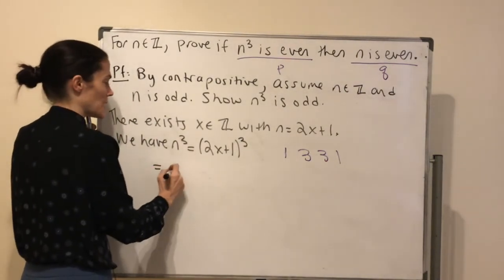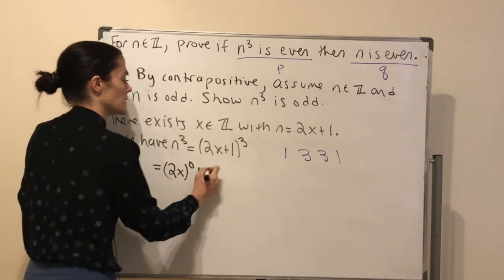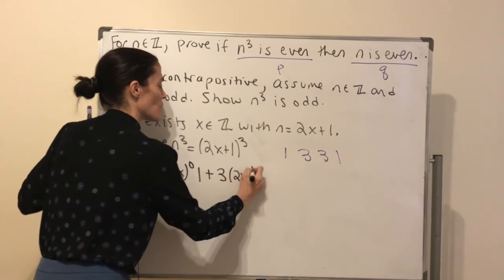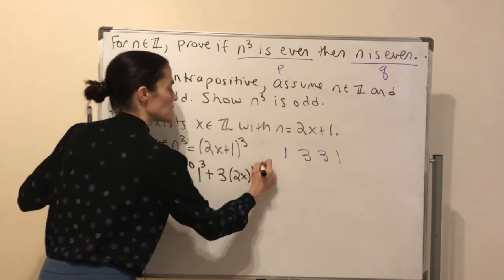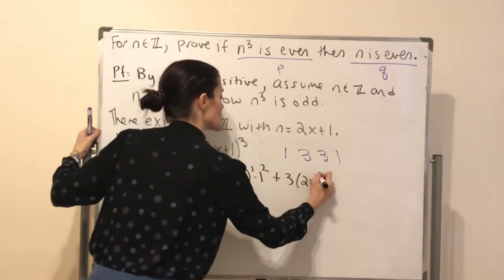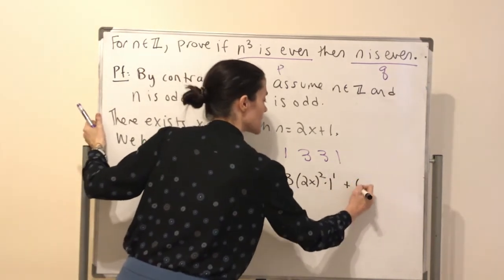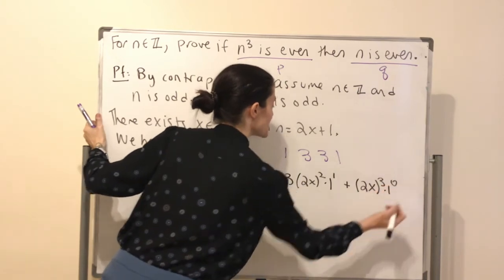So this will be 2x to the 0 times 1 cubed, plus 3 times 2x to the 1 times 1 squared, plus 3 times 2x squared times 1 to the 1, and then plus another 1 times 2x cubed times 1 to the 0.